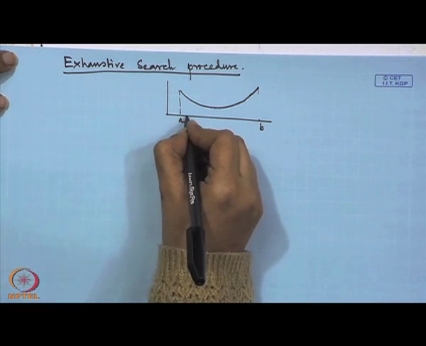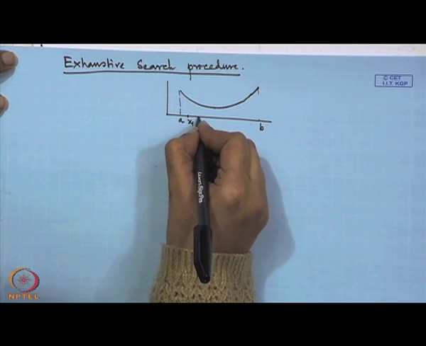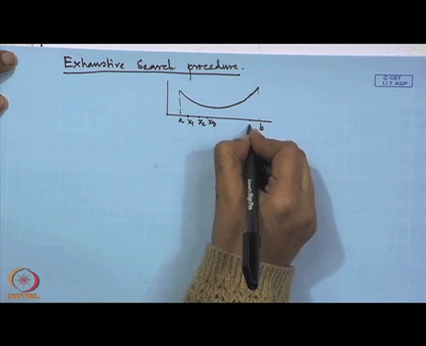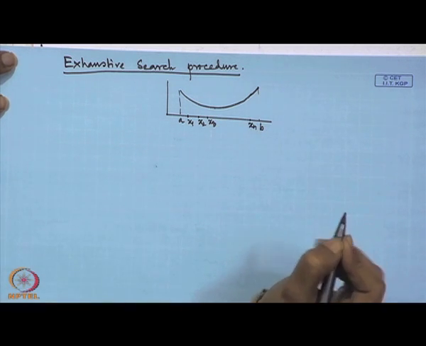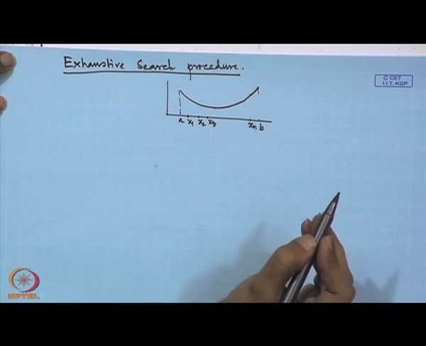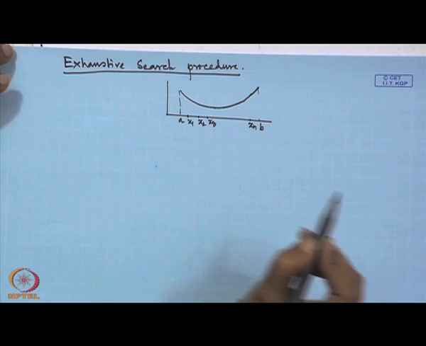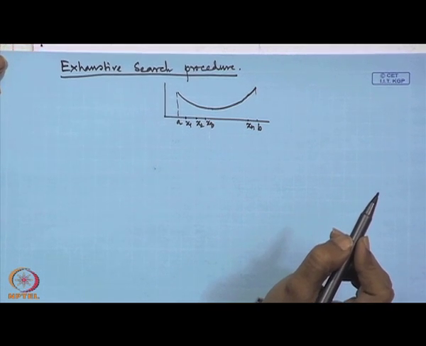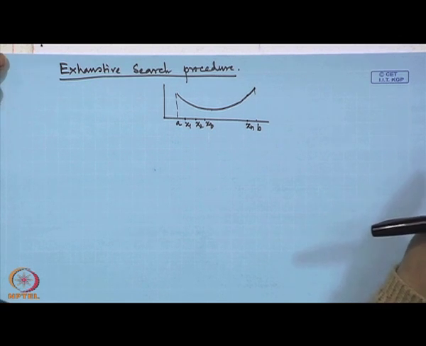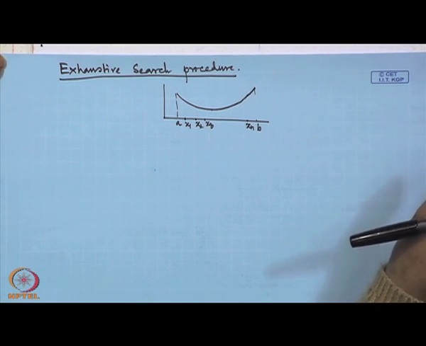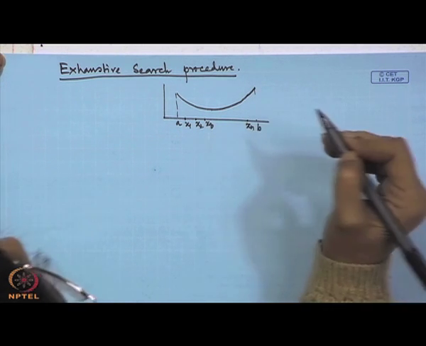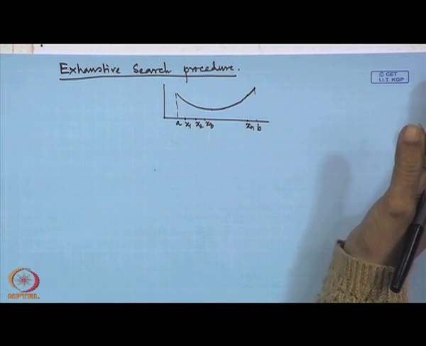That is why I will go to x1, then x2, then x3. In this way we will go to xn. How many parts are there? 1, 2, 3, 4 up to n plus 1. That is why the initial interval of uncertainty is divided into n plus 1 equally spaced subintervals. Then we will see the functional value at each and every point within the given range.